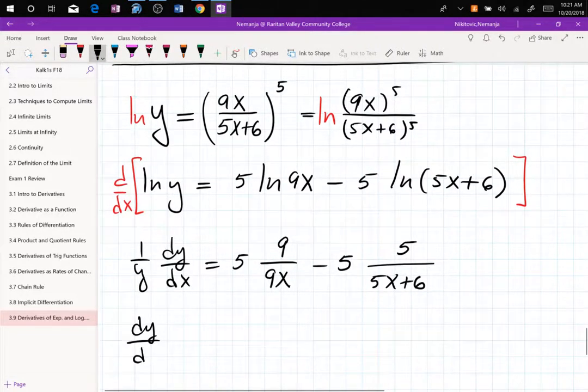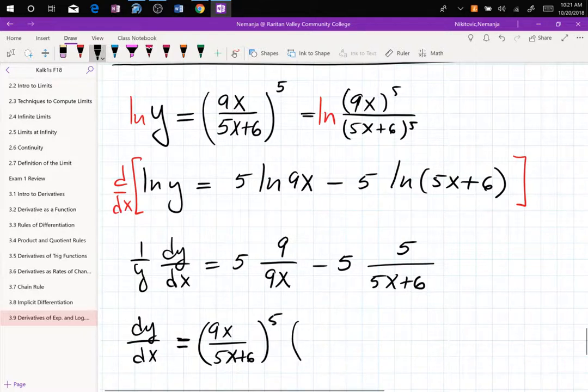Move y to the other side, which would be 9x over 5x plus 6, everything to the 5th power, times, and over here, 9 and 9 will cancel. I have 5 over x minus 25 over 5x plus 6.